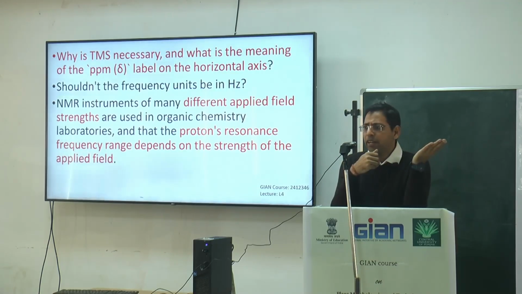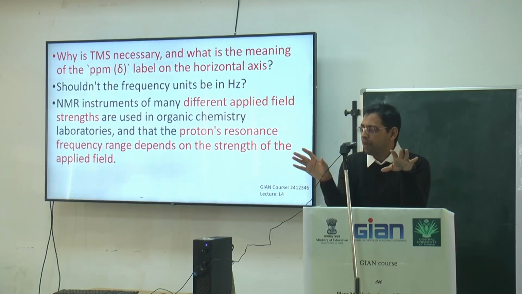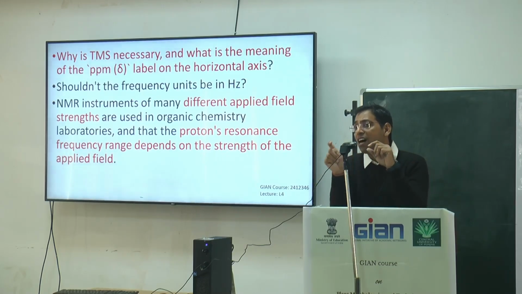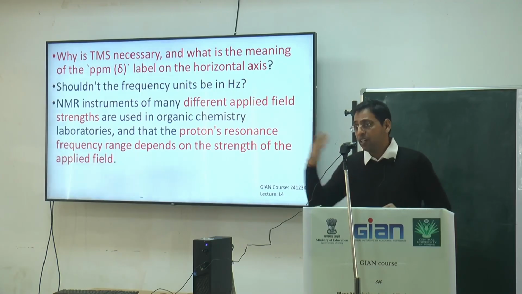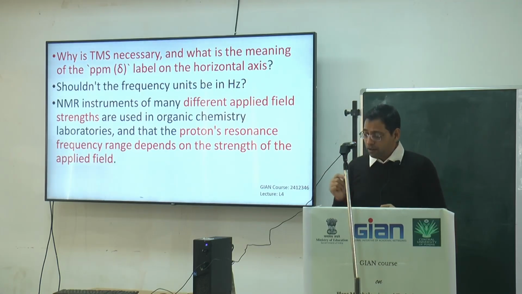Now you see we have a 600 hertz NMR here, but right now it is around 1.2 kilohertz NMR present in many laboratories. So if you are using hertz as a parameter for the resonance, we have a 100 hertz machine, and Dr. Atis has a 600 hertz machine.